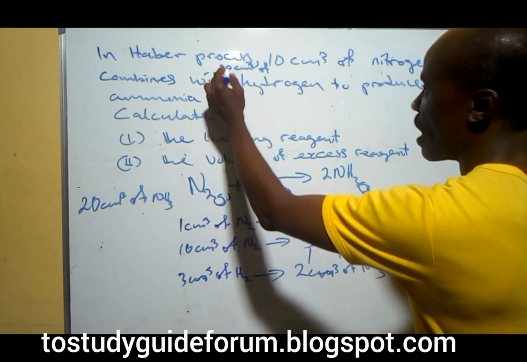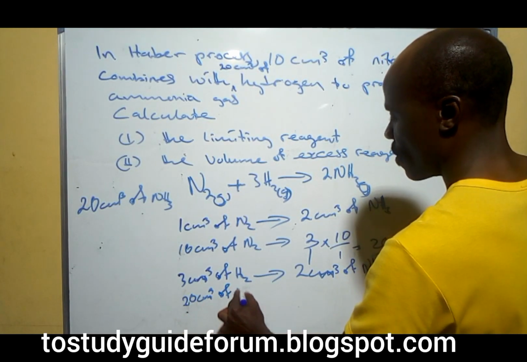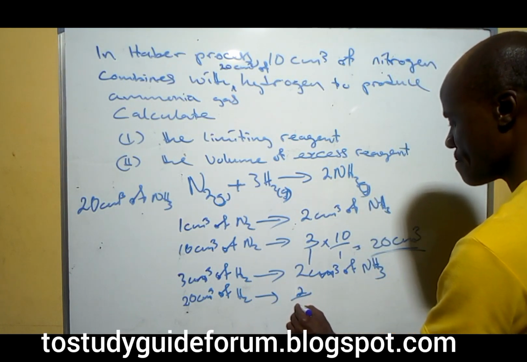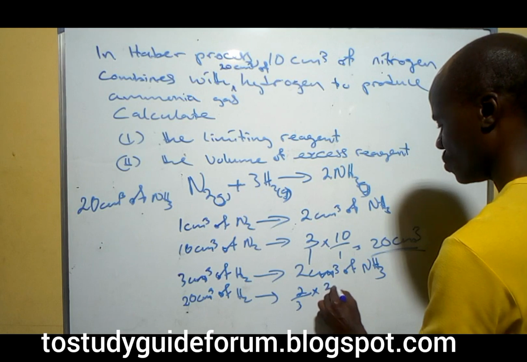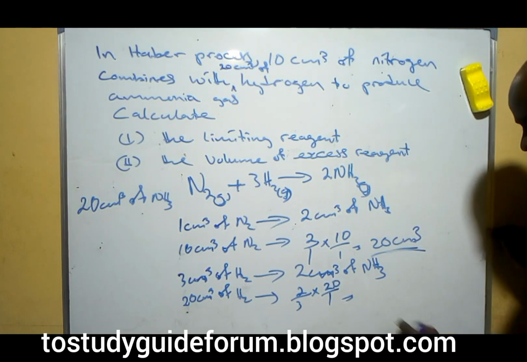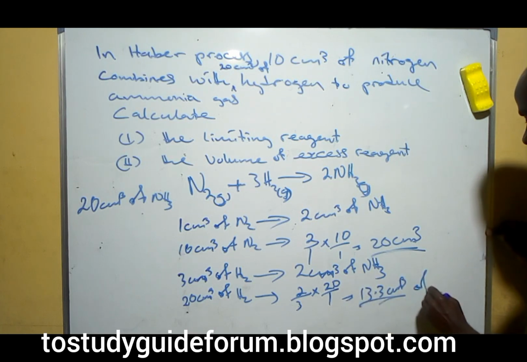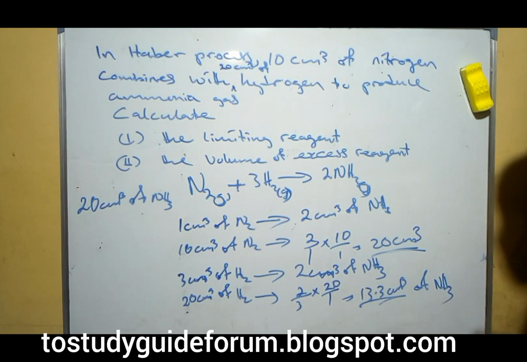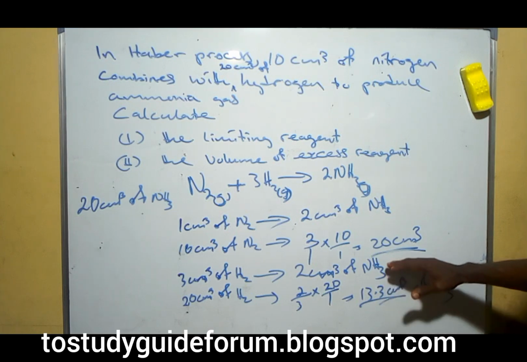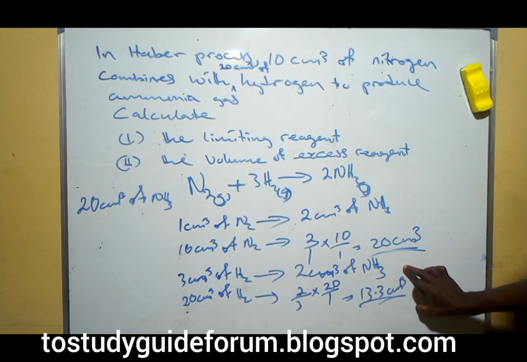So 20 cm³ of hydrogen will give us 2/3 times 20, which is about 13.3 cm³ of ammonia gas. Since nitrogen produces the higher volume of ammonia and hydrogen produces the least, that means hydrogen is the limiting reagent.